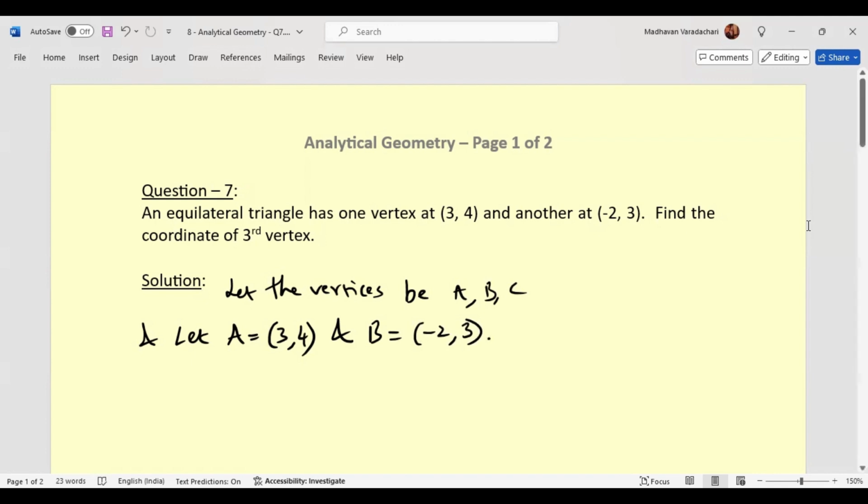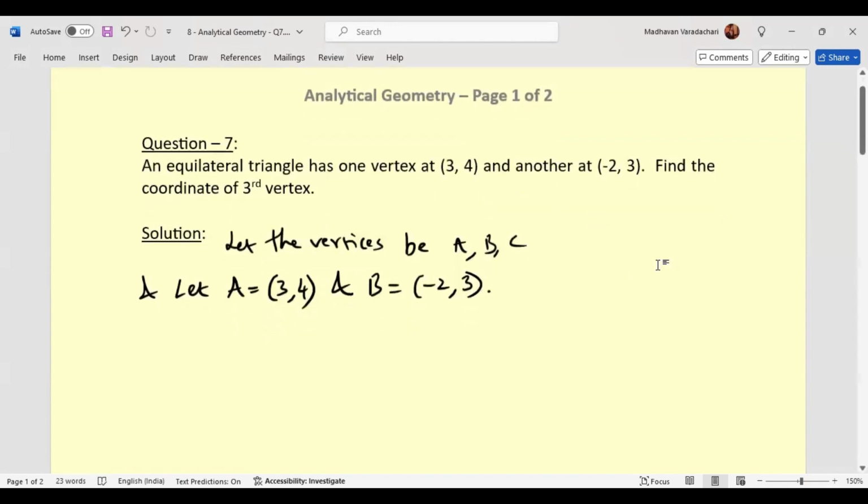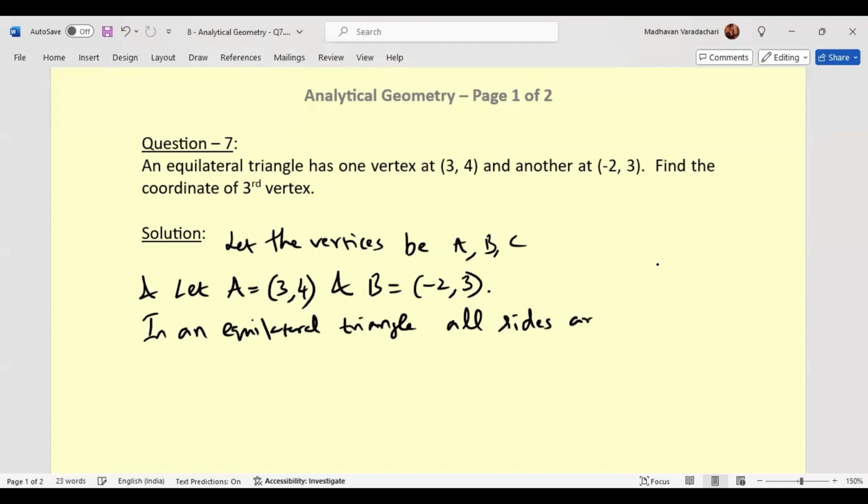We are supposed to find what is C. In an equilateral triangle, all sides are equal. Which means that AB should be equal to BC and that should be equal to CA.